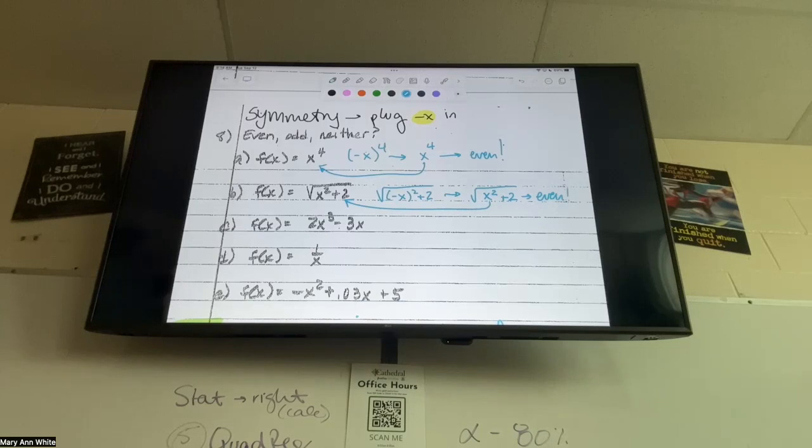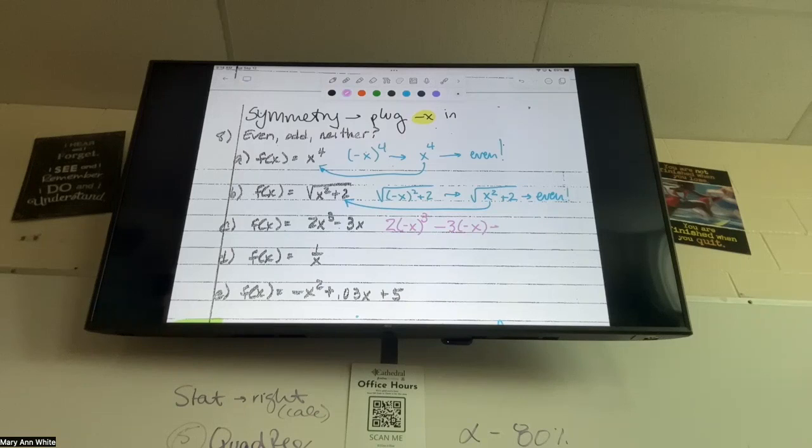Okay. Now let's do the next one. It says 2x to the third minus 3x. We are going to plug negative x in every time you see an x. So two times negative x to the third, what's that going to end up being? Negative x to the third will be positive or negative?